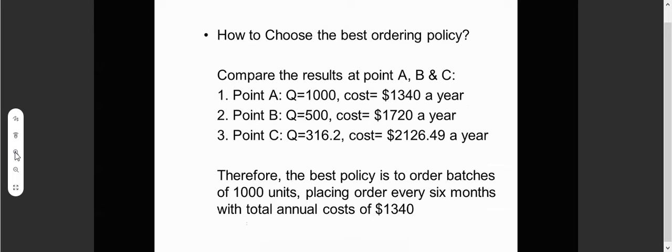6 months. How do we know that the placing order is at every 6 months? We just divide the annual demand, kita tengok di sini apa annual demand dah, annual demand of 2000.